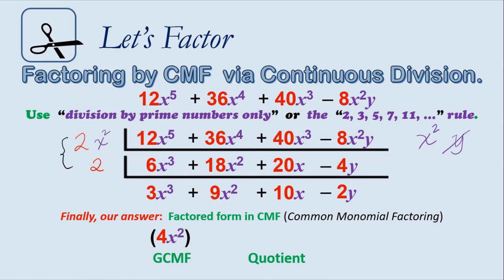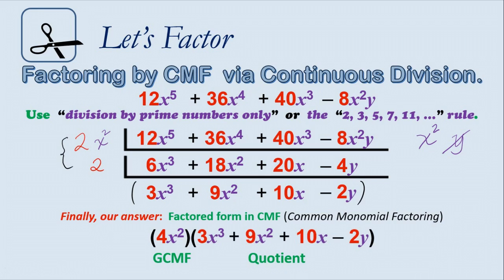The final procedure is to find the second factor or quotient. Search the bottom area. Notice that by enclosing this last expression with parentheses, we have just found the quotient that we are looking for. Writing the GCMF and the quotient together, like in multiplication, we shall have the final answer or the factored form.